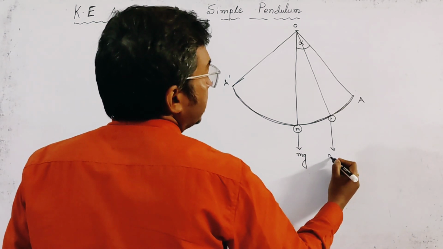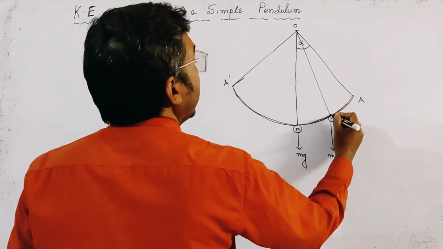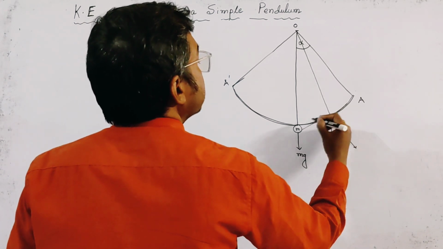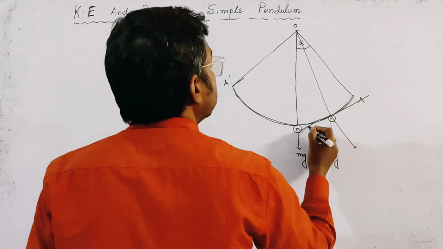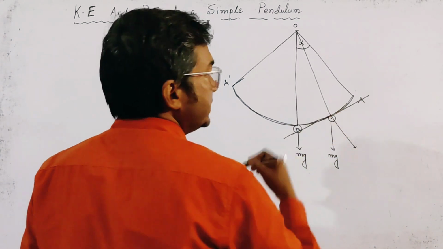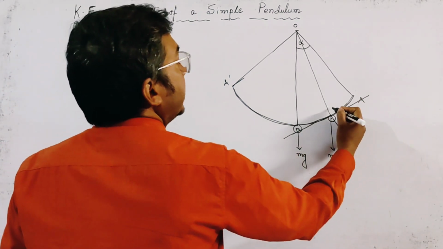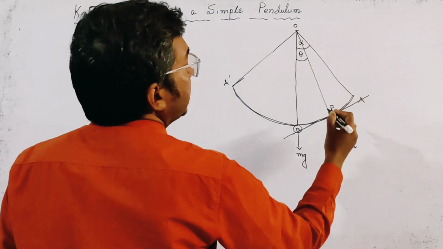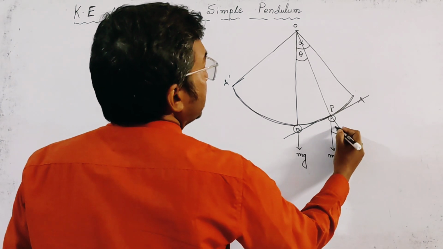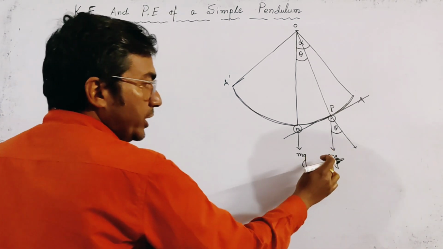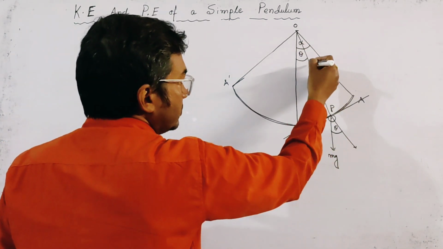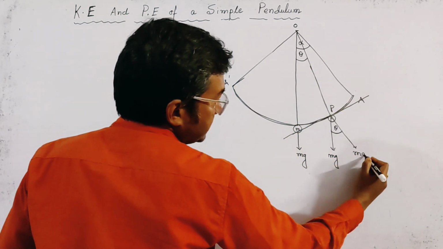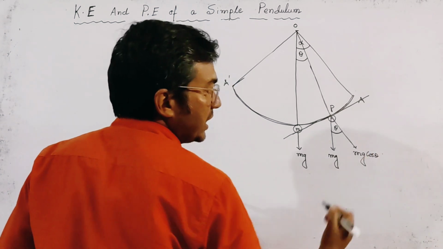Along the vertical direction mg always acts, and this is the tangent at the point P. If this angle is theta, then clearly this is also theta, and the component of mg along the string is mg cos theta.